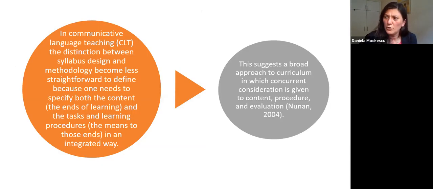However, I'm sure you are all familiar with communicative language teaching, which is more an approach than a method.